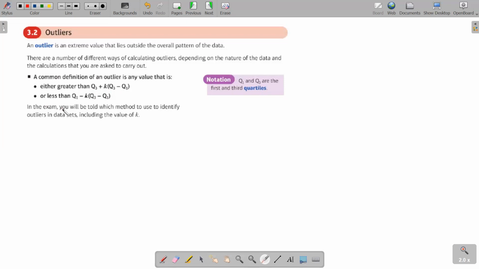Q3 is the third quartile, the upper quartile. Q3 minus Q1 is the interquartile range. Or the value is less than Q1, the lower quartile, the first quartile, minus K times (Q3 minus Q1).